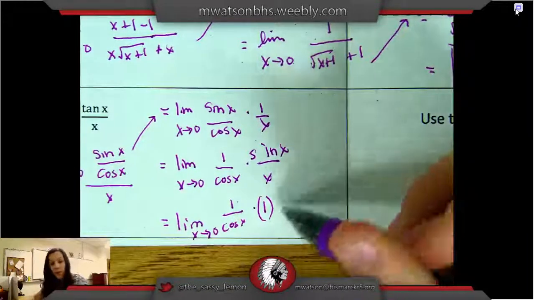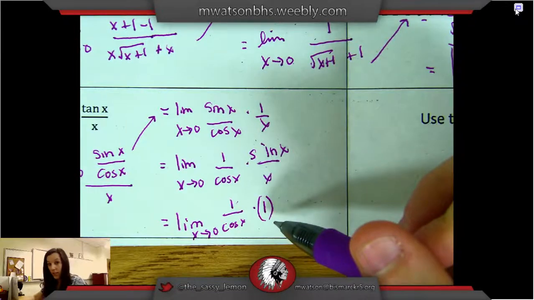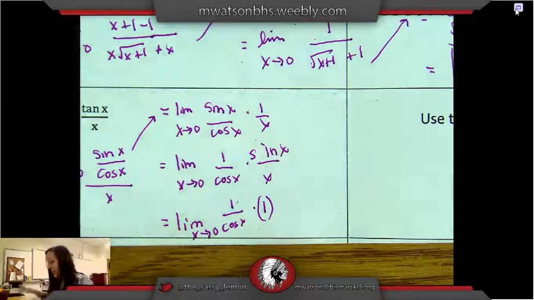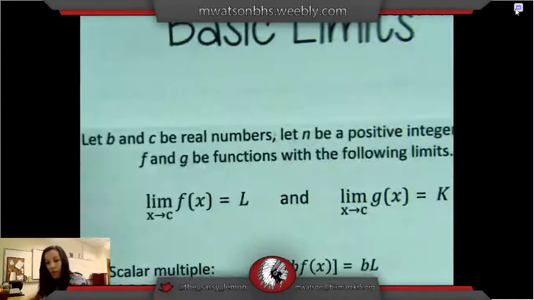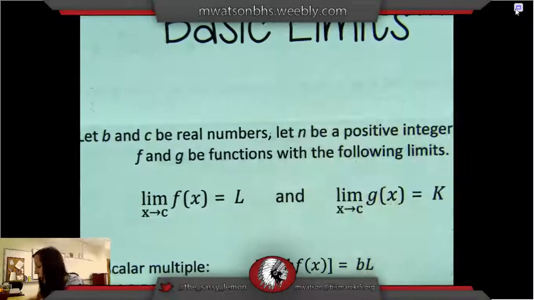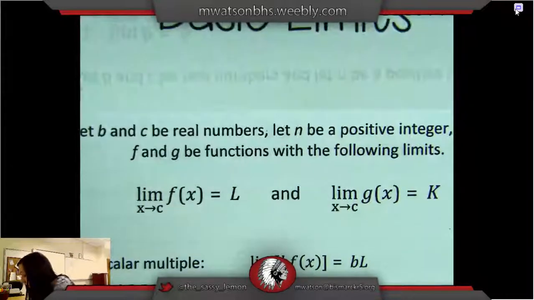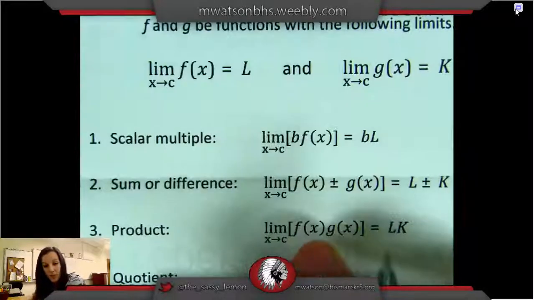You know why we're allowed to do that? It's because of the properties we just learned yesterday. We learned that if you multiply limits together, oh, right here, the third one.